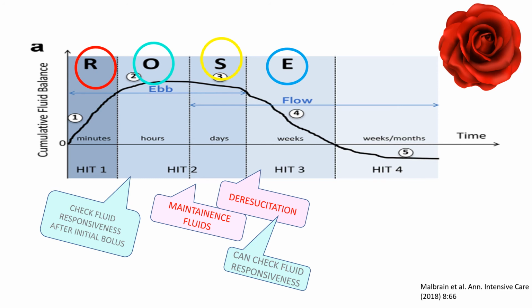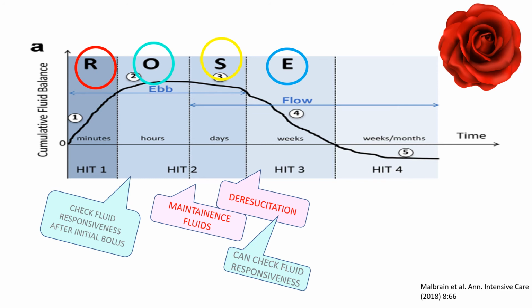So de-resuscitation is an important aspect of managing septic shock. This ROSE acronym is actually mainly for septic shock. As is evident, you give the fluids first as your bolus, and then some maintenance, and then finally, as the patient's blood pressure stabilizes, you try and remove the fluid, because removal of fluid is very important, and that is E for evacuation.